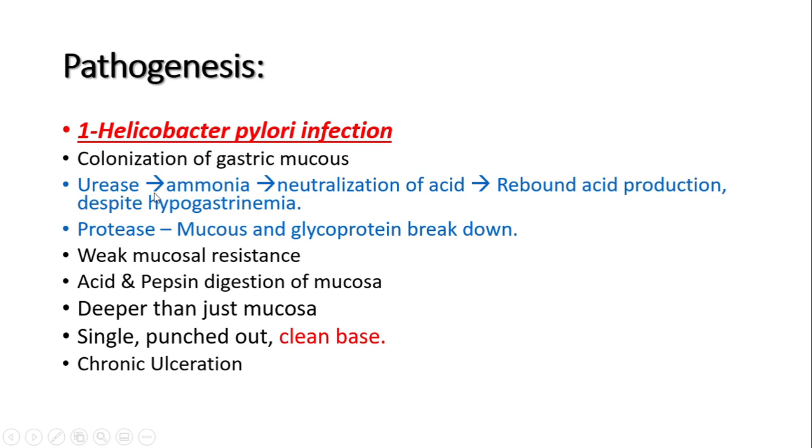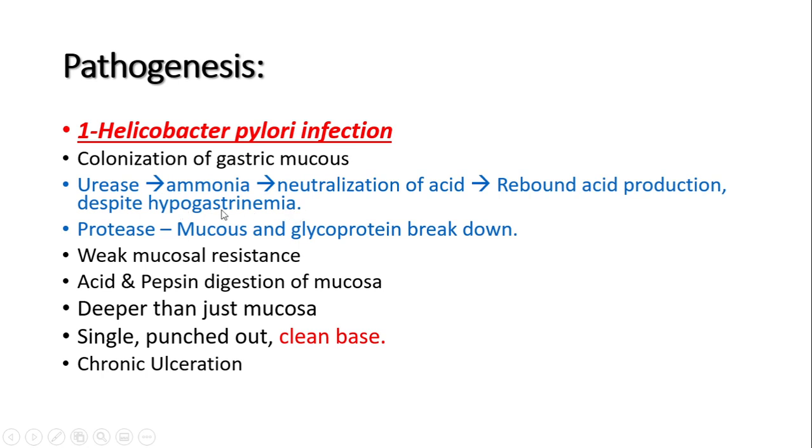Urease will generate ammonia from endogenous urea, which will result in an increase in gastric pH, and with the neutralization of acid, rebound acid secretion. This increase in pH will stimulate the excessive production of acid from gastric chief and parietal cells, despite hypogastrinemia.